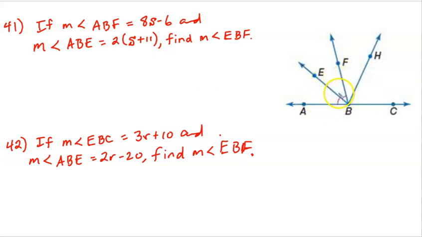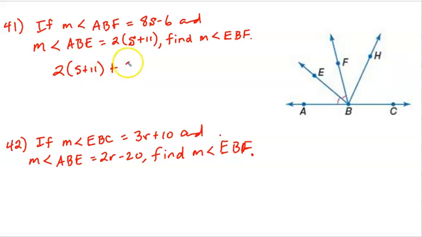So it's kind of like what we just did. ABE and EBF are the same. So 2 times s plus 11, or you could go ahead and distribute and just multiply the terms by 2, but I'll just do it like this.